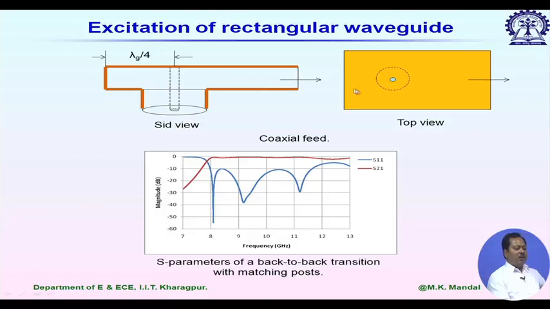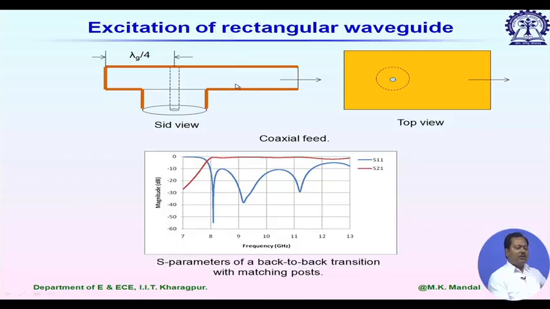So, how does the top view look? You can see only the central conductor soldered on the top plane, and this dotted line shows the slot etched in the bottom plane. So, power is coupled through this slot into the rectangular waveguide.